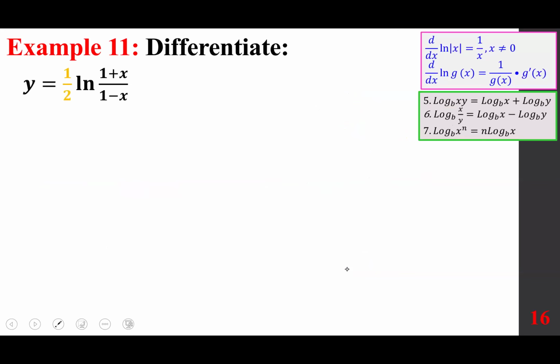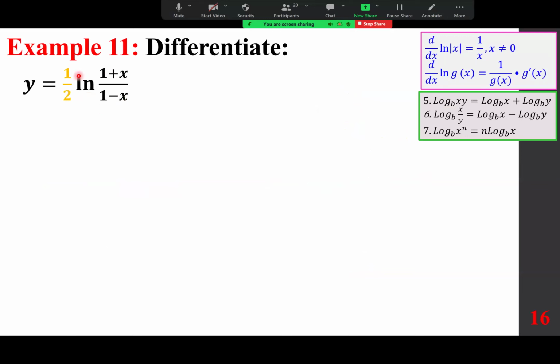All right, y equals 1/2 ln of (1 plus x over 1 minus x). This is clearly an example that you don't want to go the way it is and differentiate. So what do you want to do?